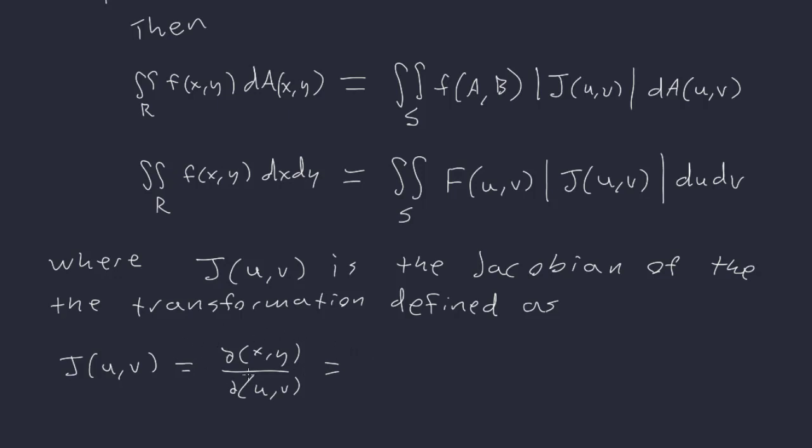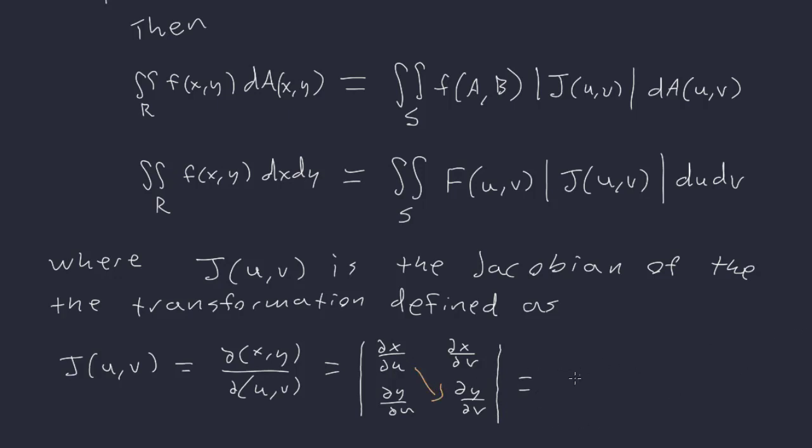It's the partial derivatives of x and y with respect to u and v. We put it in a matrix such that it's the derivative of x with respect to u, the derivative of x with respect to v, the derivative of y with respect to u, the derivative of y with respect to v, and we take the determinant of that matrix.